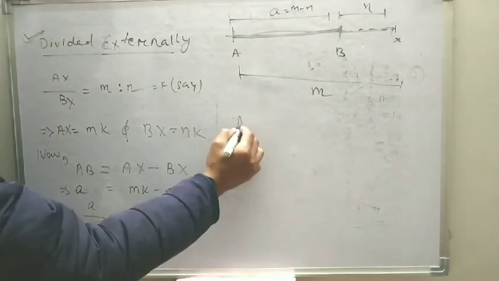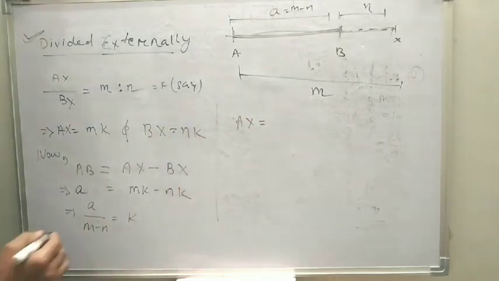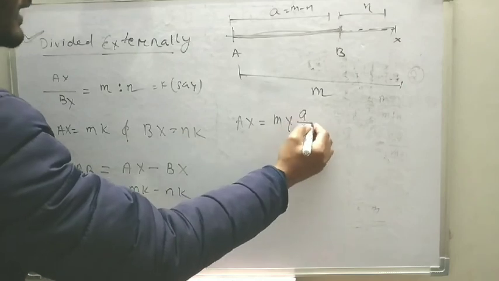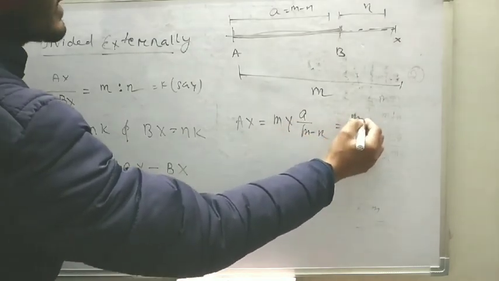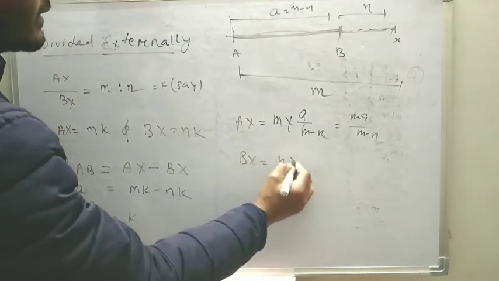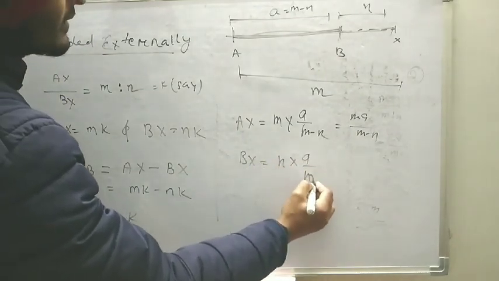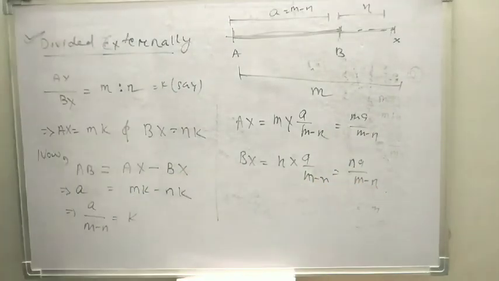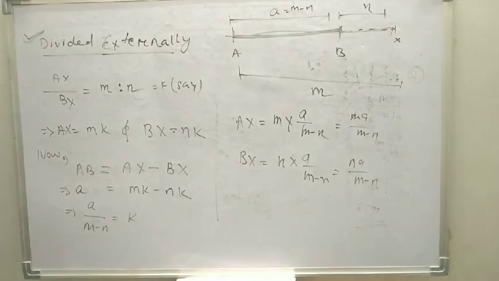AX will be mk. k means a by m minus n, so that is ma by m minus n, and BX will be nk. k means a by m minus n, so that will be na by m minus n. The same type of question is there in question number 3. So I hope you have understood question number 2 very well.